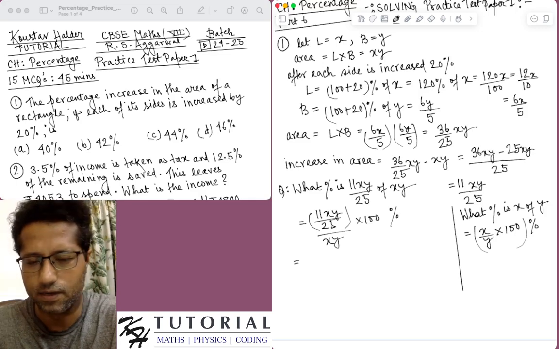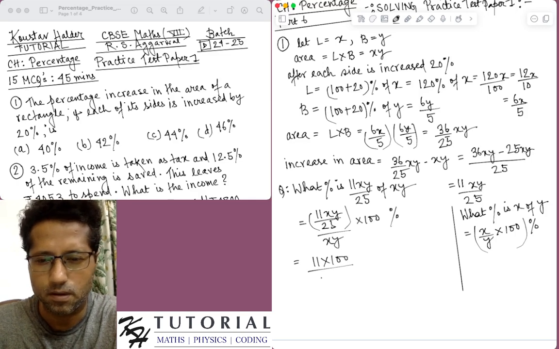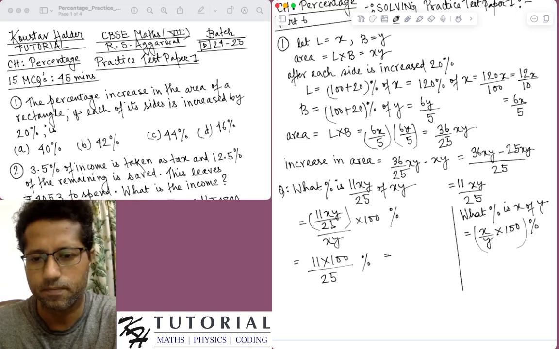Now xy will cancel out and we will have 11 into 100 divided by 25 percent, and if we simplify this, it will be 44%.